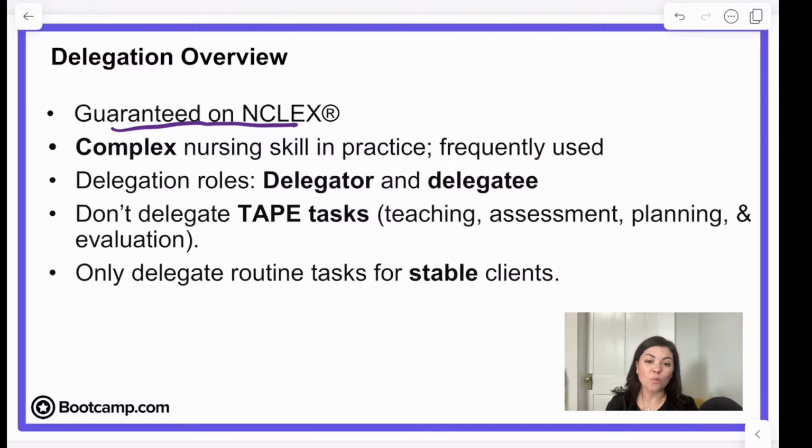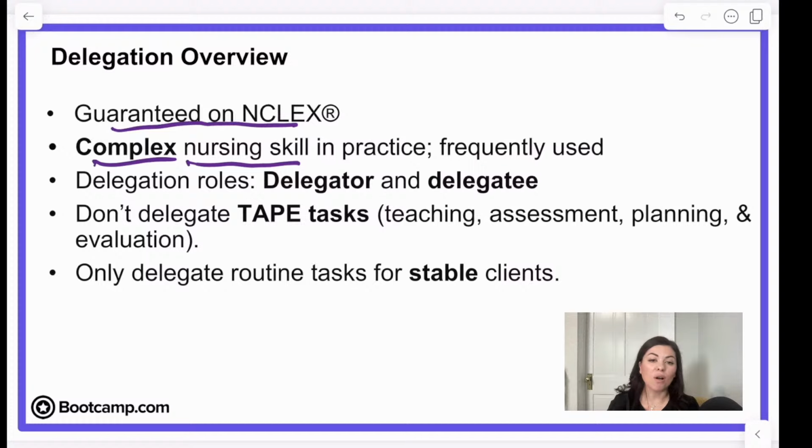And it is also one of the biggest safety issues that can negatively impact us as nurses as well as our patients. And we know that NCLEX is a safety exam, so they're always going to include this really important safety issue. So once again, it is a complex nursing skill.